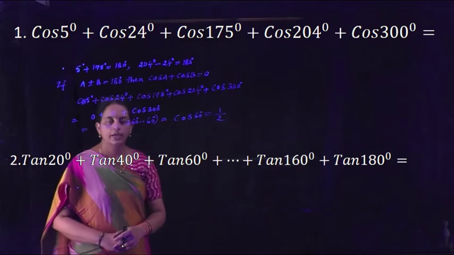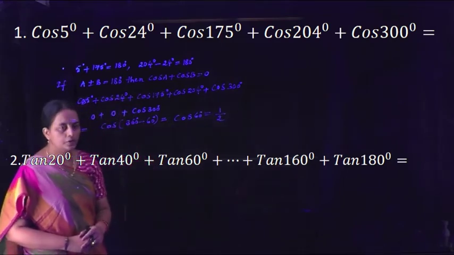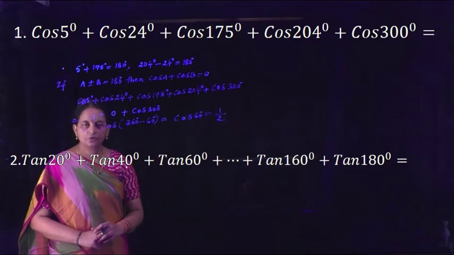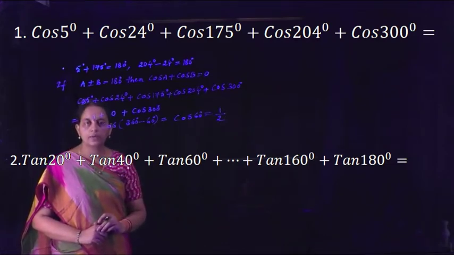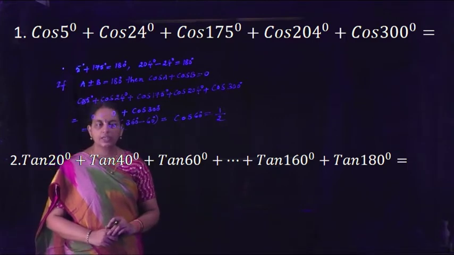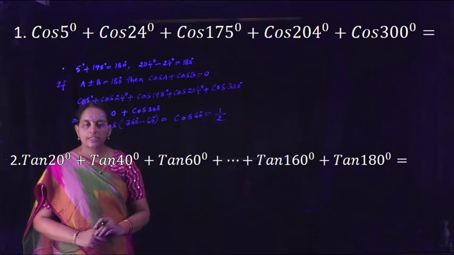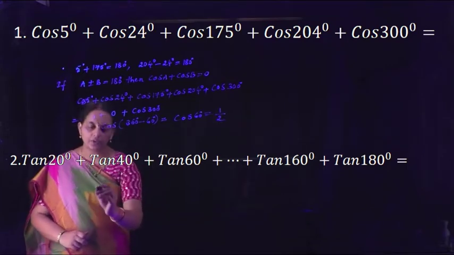Next, we are going to another problem, that is tan 20 degrees plus tan 40 degrees plus tan 60 degrees and so on plus tan 160 degrees plus tan 180 degrees. Here the first angle is 20 degrees and the last but one angle is 160 degrees.